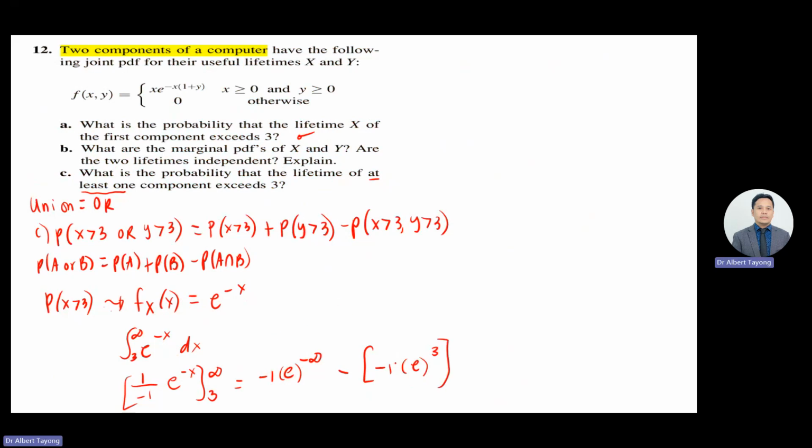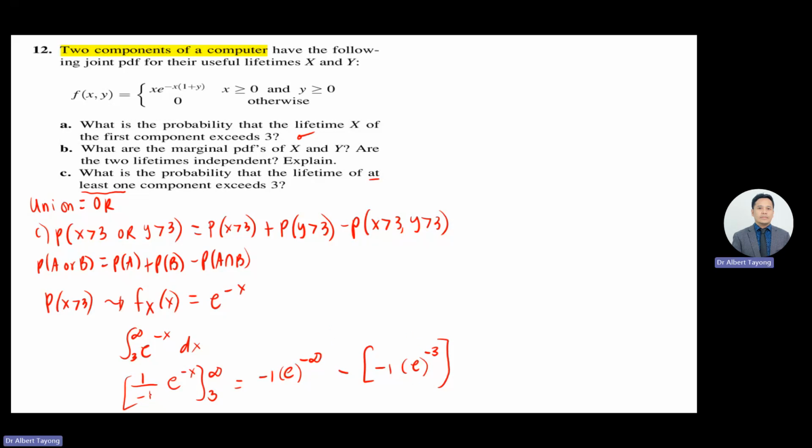Actually we are just replacing our x by infinity, and this is always minus in the middle.